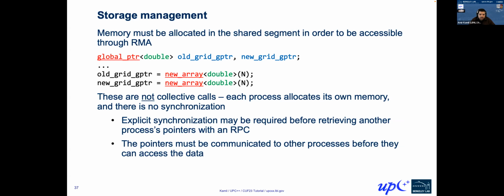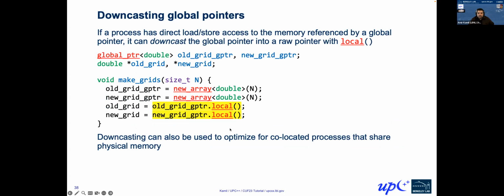As far as using them on the same process, generally speaking, we don't want to be doing accesses through a global pointer, because that typically involves a conditional to check where that memory is located. Instead, since we did the allocation and we own that memory, we can just convert it into a normal C++ pointer.